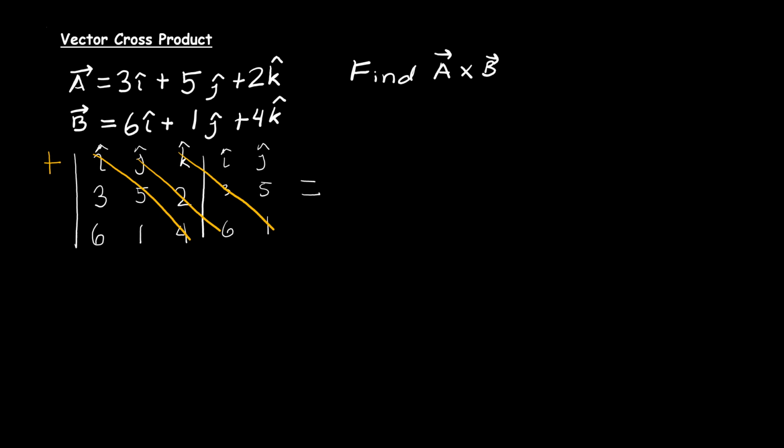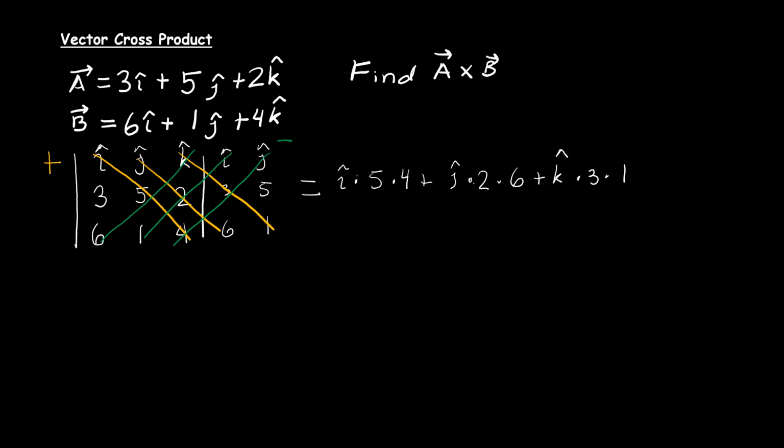So we're going to have i hat times 5 times 4, plus j hat times 2 times 6, plus k hat times 3 times 1. Then in green here, I'm going to do the down and to the left diagonals, and those are all going to be negative.